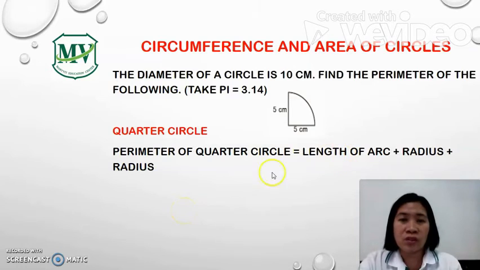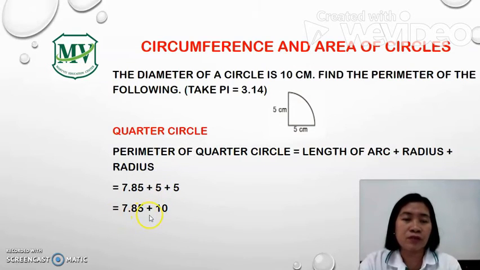So to substitute the values, 7.85 plus 5 plus 5, or we can say 7.85 plus 10, which is the diameter of the circle, is equal to 17.85 centimeters. So the perimeter of the quarter circle is 17.85 centimeters.